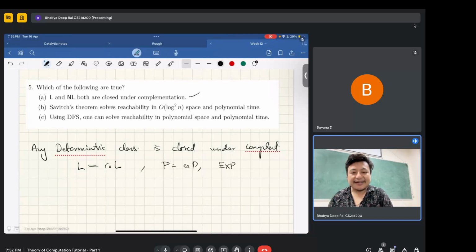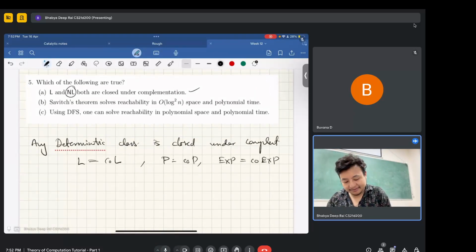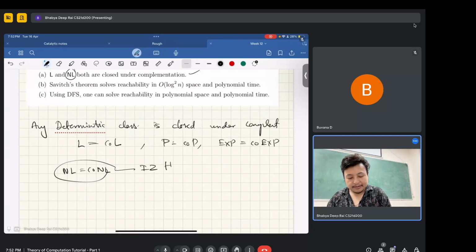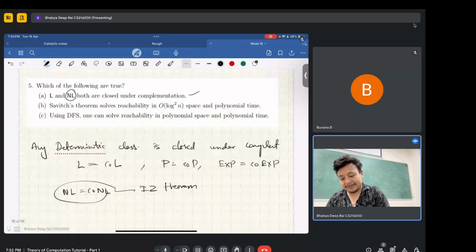Anything that is not non-deterministic, you can just switch the accept and reject, and then it's closed. And finally, NL is also closed: NL equals co-NL, by the Immerman-Szelepcsényi theorem. So A is true.